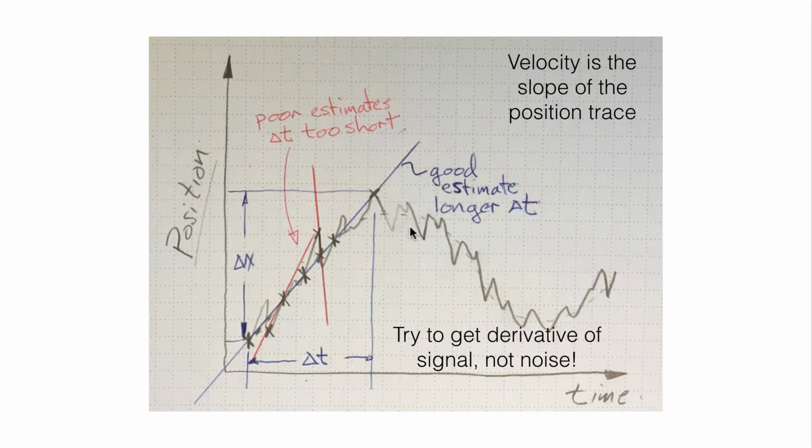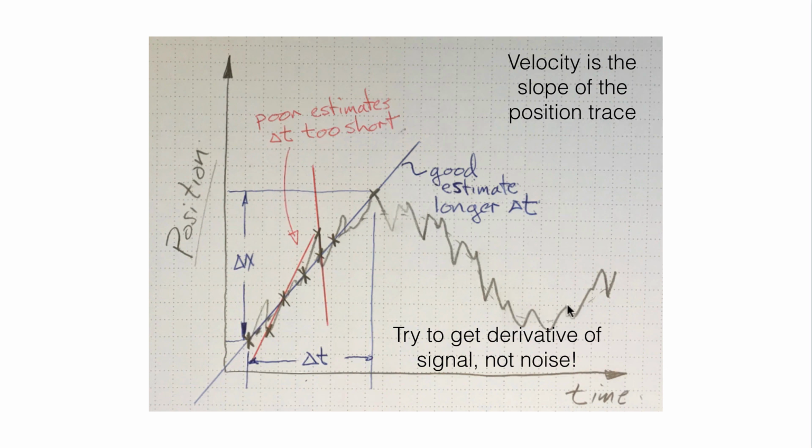The problem with that is if it's analog data, we've very often got noisy position data. So if this is position and this is time, and we're trying to take delta x over delta t between, say, that point and that point, or this point and this point, we might get a slope like this red line that isn't representative of what's actually going on in some average sense.